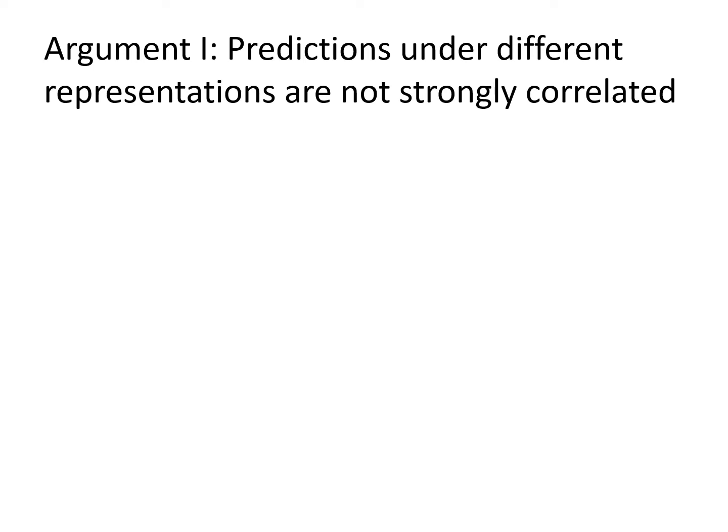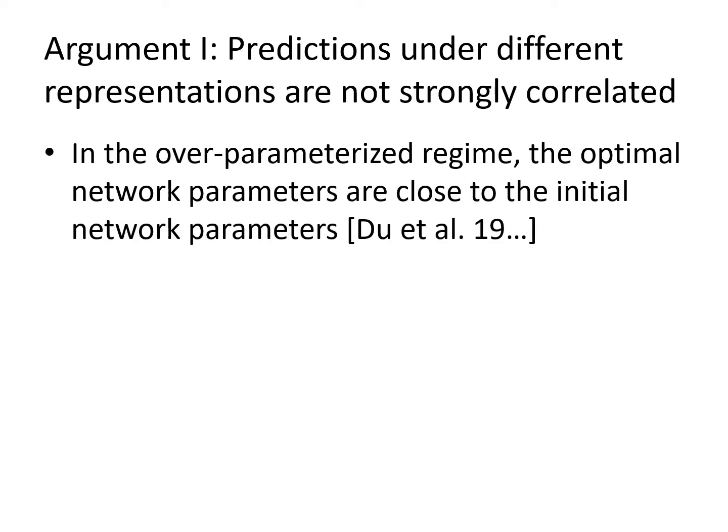We can understand this from the perspective of over-parameterized networks. There are exciting advances on this topic. Basically, people have shown that in an over-parameterized regime, the optimal network parameters are close to the initial network parameters.